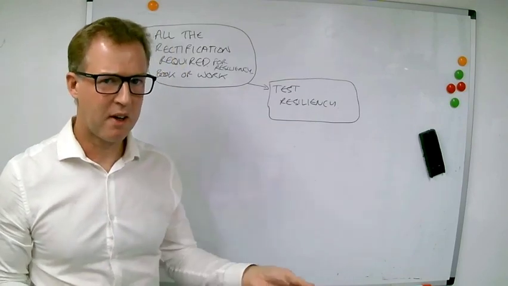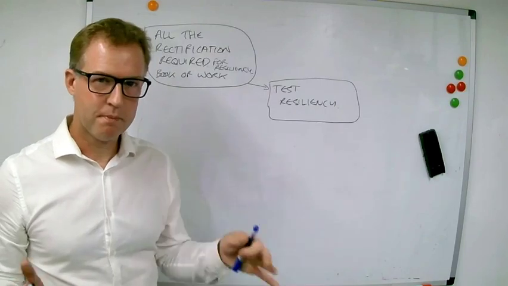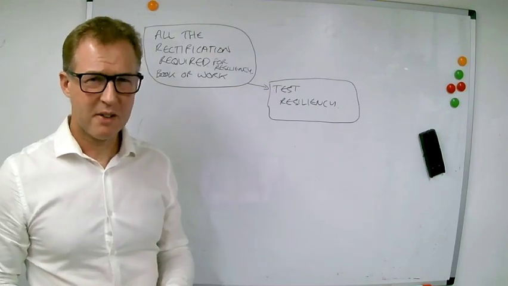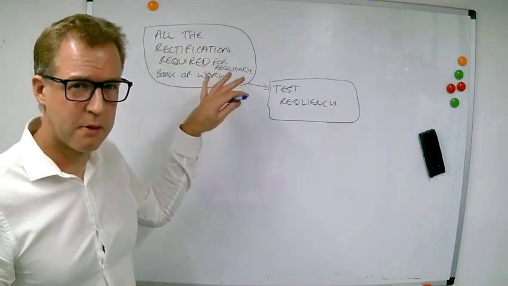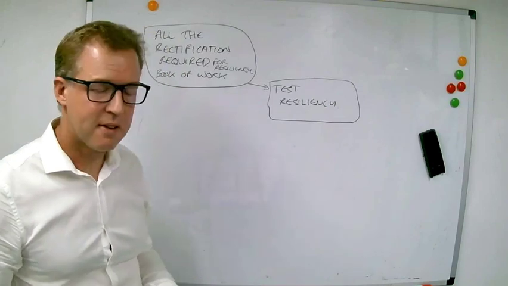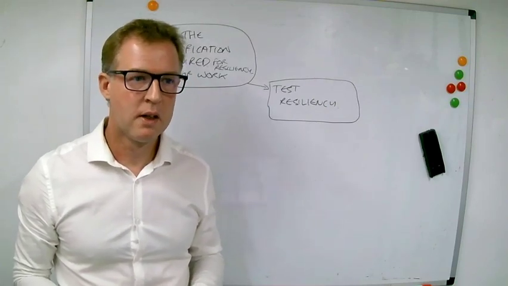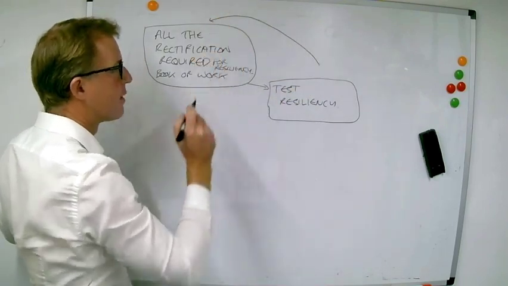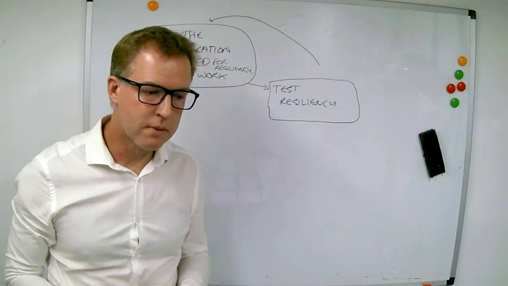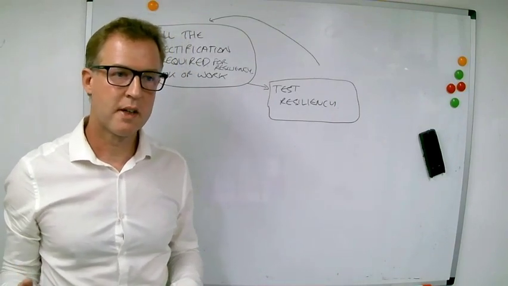You may have processes that rely on other processes, but if you've got separate processes, which I'm guessing you would have, you could test them for resiliency without having to wait for the other processes to be ready. So it gives you advanced warning if anything's wrong, whether you need some more work to make the system resilient. So you can start your work on testing some of these processes anyway.